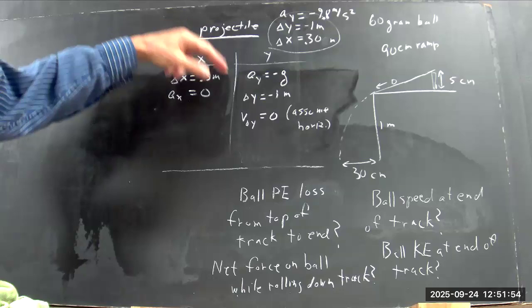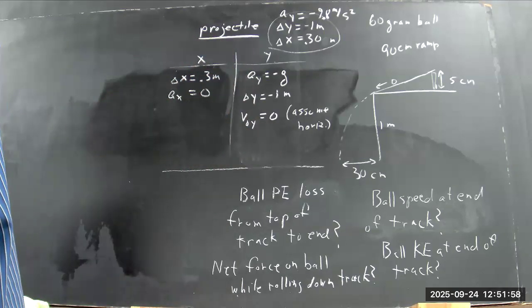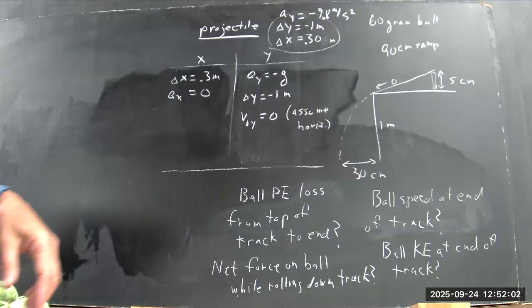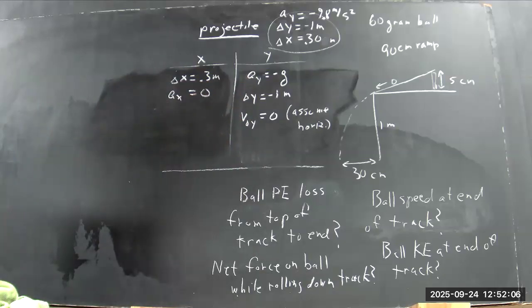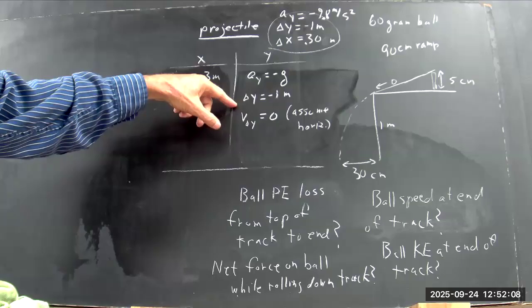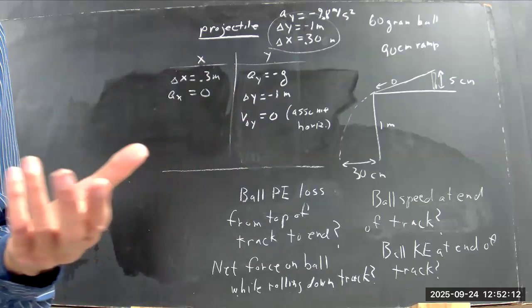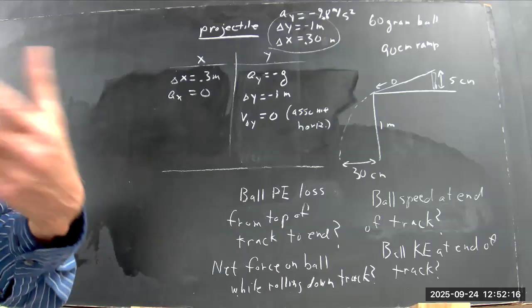So I'd recommend setting up a projectile problem by listing what you know. For most projectile problems, you have enough information to figure out all the y quantities. We know how far it goes in the y direction. We know the acceleration. We know the initial velocity. Well, what can we find? We can find the time.